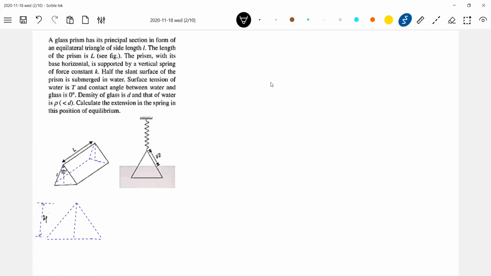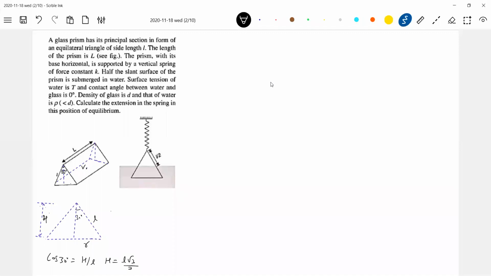Let me take it like this. So the slant length is L, and this angle will be 30 degrees. Let me take this as R. So cos 30 is equal to H by L, so H is equal to L root 3 by 2. Then what is the volume of the prism?